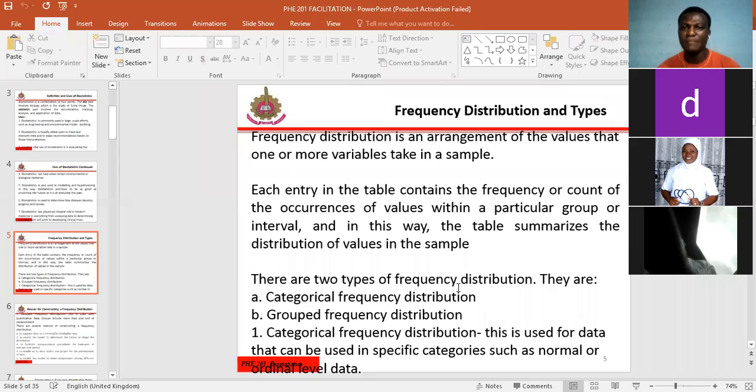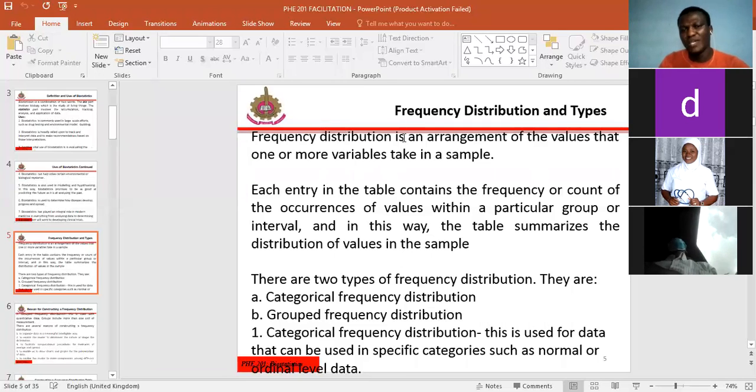Now, what I want us to get from this particular subtopic is that when you have data, some data could be so voluminous that even by merely looking at them, you may not be able to have a better understanding of the trend by which such data goes.